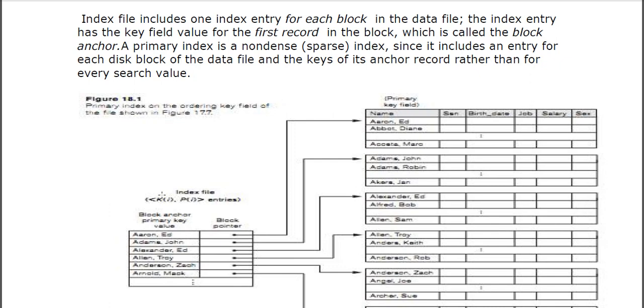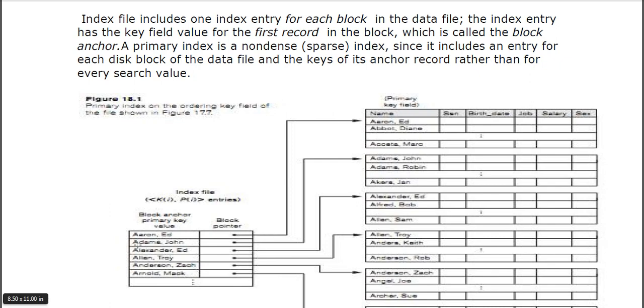Each of these boxes is known as a block. Now this left hand side is called the index file, which has two columns. One is the primary key value, another is the block pointer. Here Aaron is the value of the first field, or first value of the block, and against that you get a block pointer.